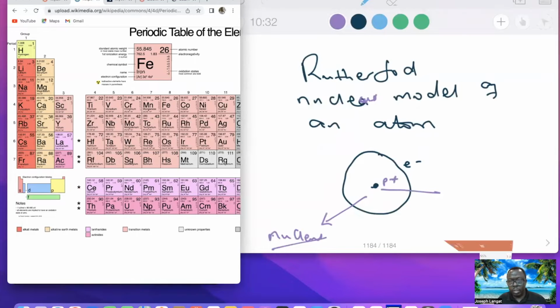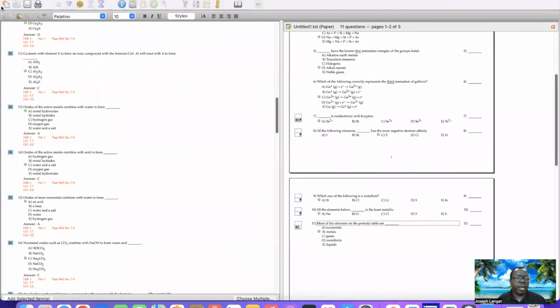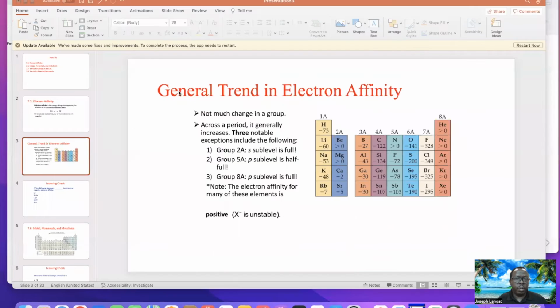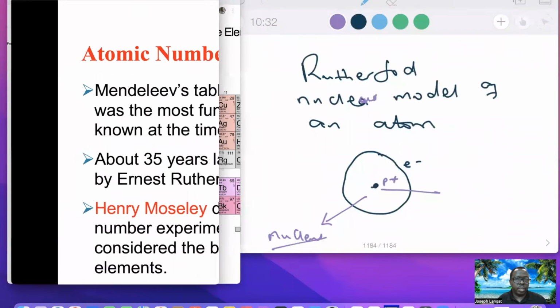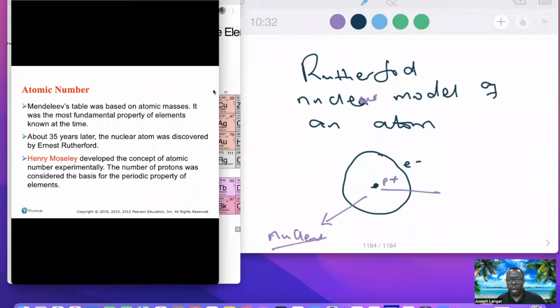So what Moseley did was organize the table according to atomic number. And what he did was bombard the nucleus with positively charged particles. So here is positively charged what?